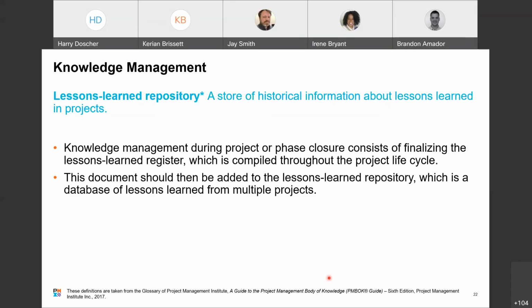The lessons learned register should then be added to the lessons learned repository. Okay. What you've learned needs to be added to the lessons learned repository, which is a database of lessons learned from multiple projects.